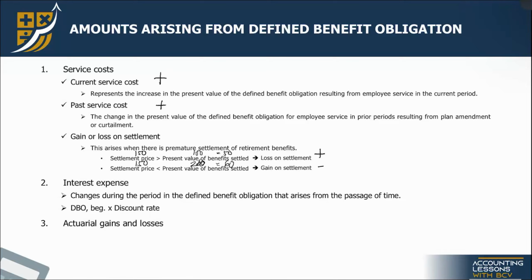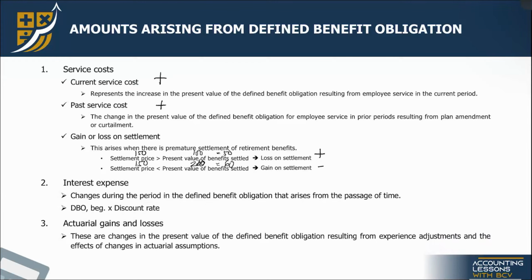Next, the last one, actuarial gains and losses. When we say actuarial gains and losses, these are changes in the present value of the defined benefit obligation resulting from experience adjustments and effects of changes in actuarial assumptions. Ayan.